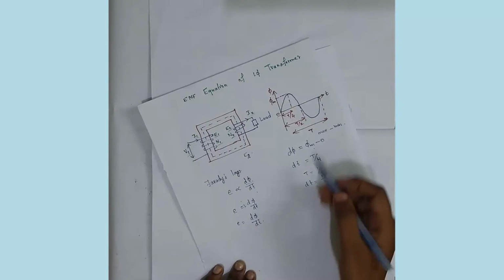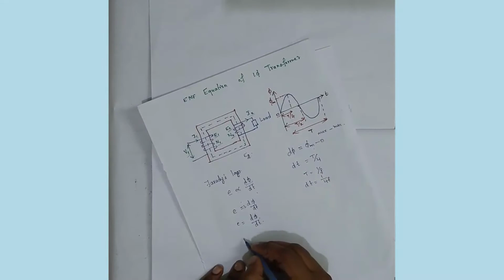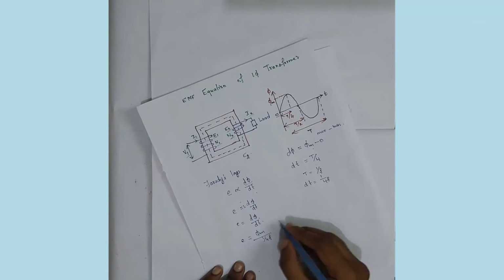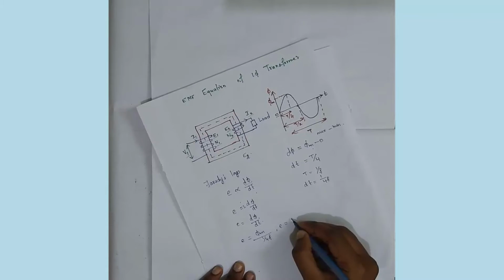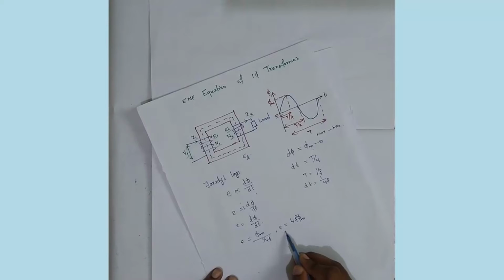Substituting d phi as phi m and dt as 1 by 4f, E is equal to 4f phi m. This is the average induced EMF value.